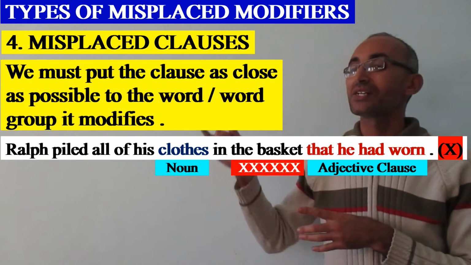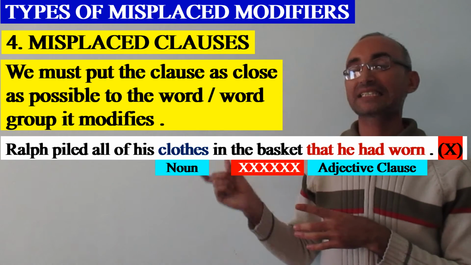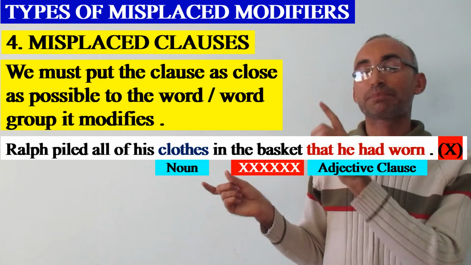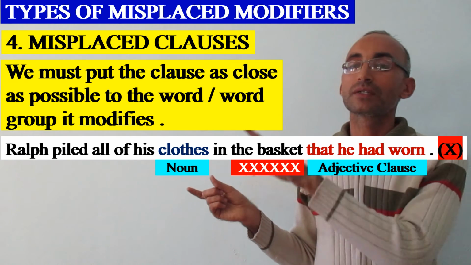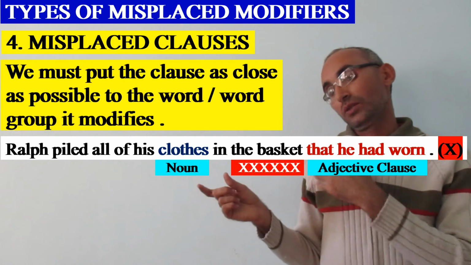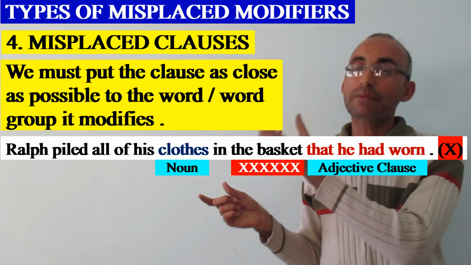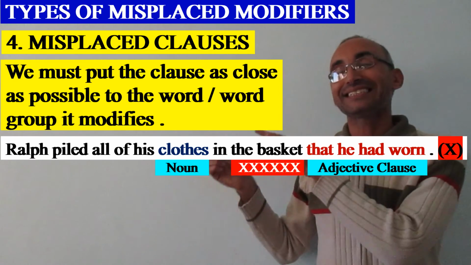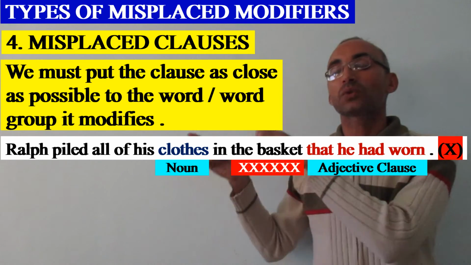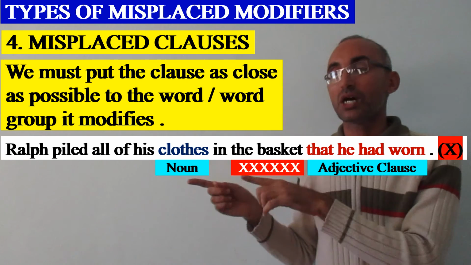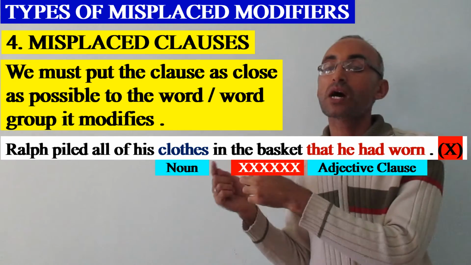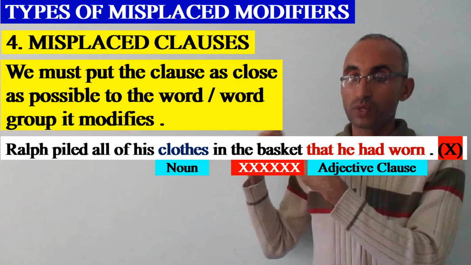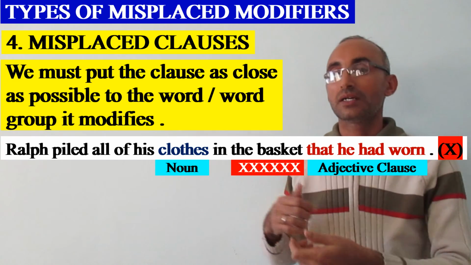So here I have that he had worn as my adjective clause, my modifier, and it is placed, as you see here, after the noun basket, because we said last time it always comes after a noun it modifies. But in this position it does not modify the right noun, because it is linked to the word clothes. Normally it modifies clothes. He wears what? Clothes, not a basket.